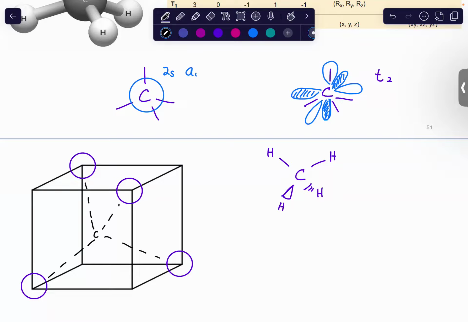The way we're going to label these, I went counterclockwise for this one. Now I want to mark which axis is that?